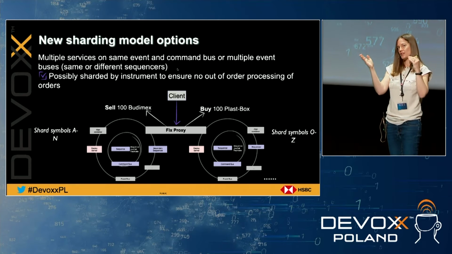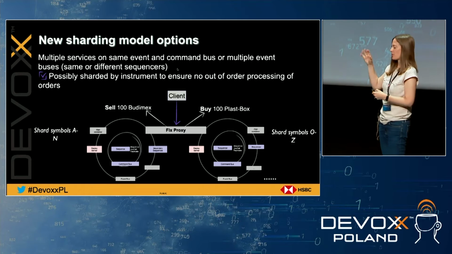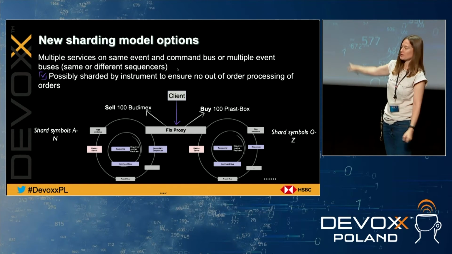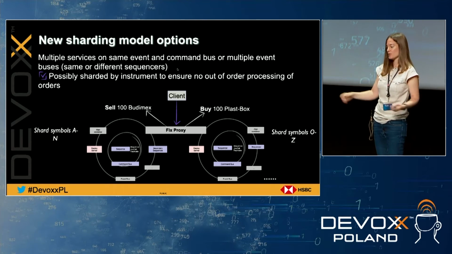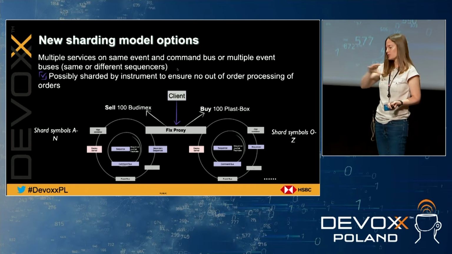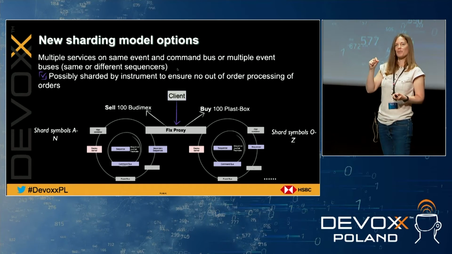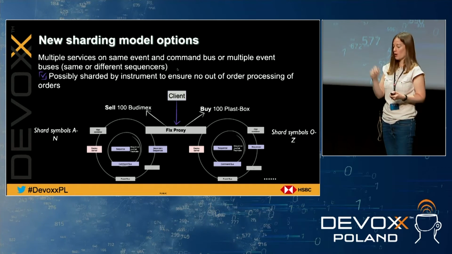Everything starting with A to N can go to one instance, everything starting with O to Z goes to the other. Hence, Budimex goes left, Plastbox goes right, and we can scale that horizontally quite easily. We could have multiple of these and just split by instrument. The importance of splitting by instrument is that if we do that, we're guaranteeing again that orders are not done out of process. So all Budimex will go left.